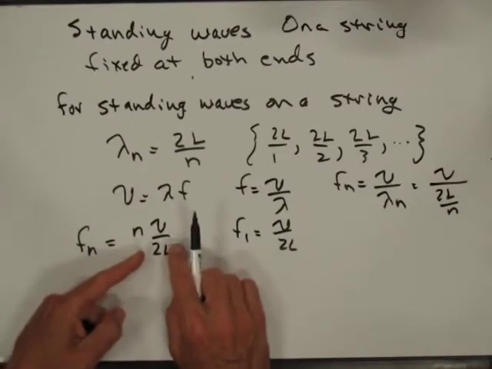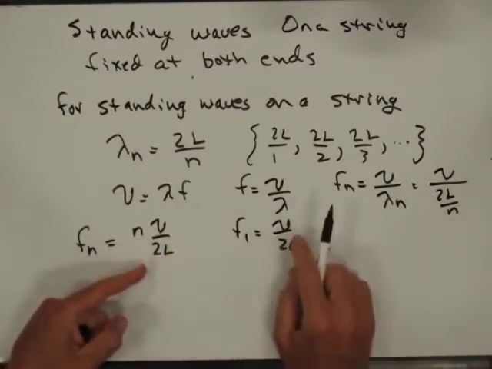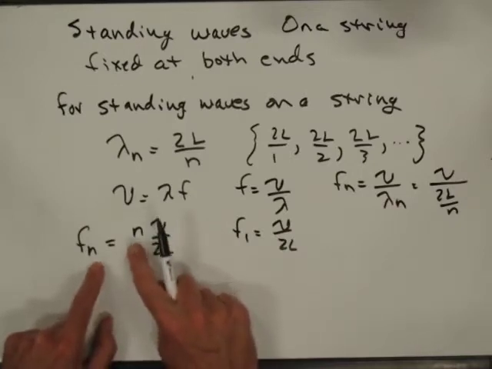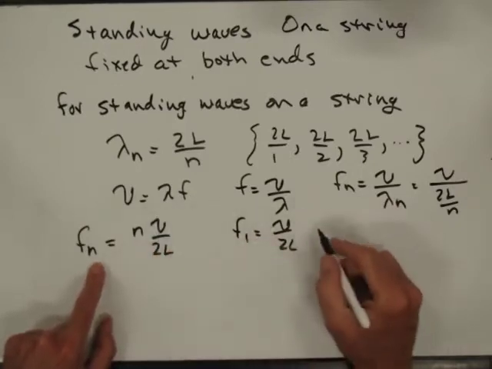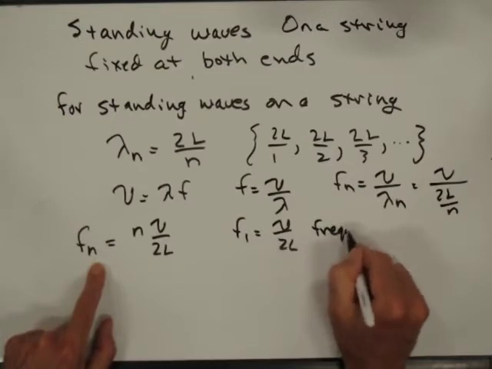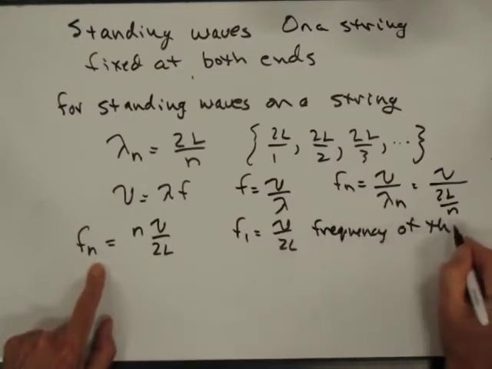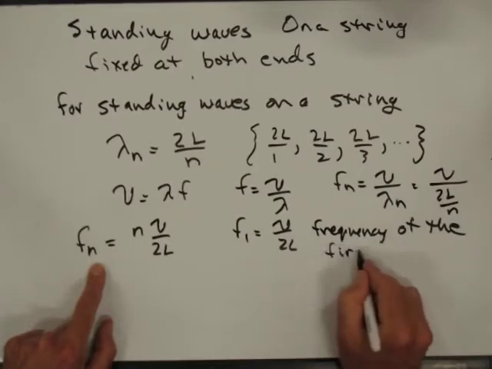You put the n in the numerator since it was in the denominator of the denominator, and you get this formula like this. And then if you stick in 1 here, this is the frequency of the first harmonic.